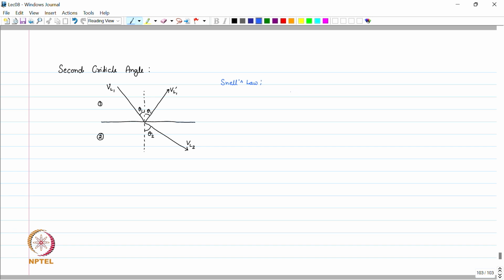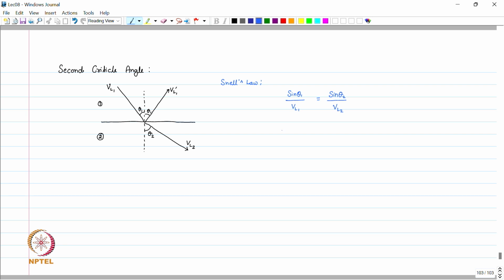As sin theta 1 upon VL1 is equal to sin theta 2 upon VL2.